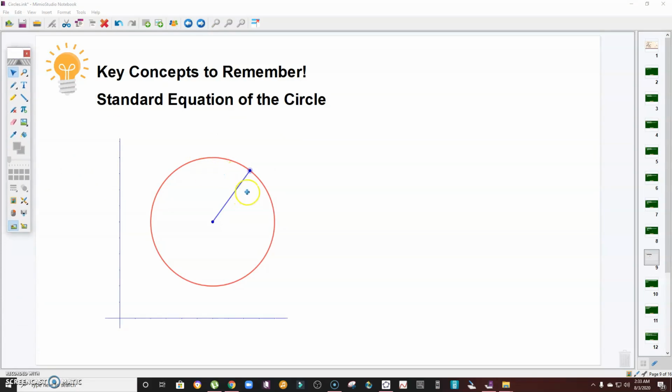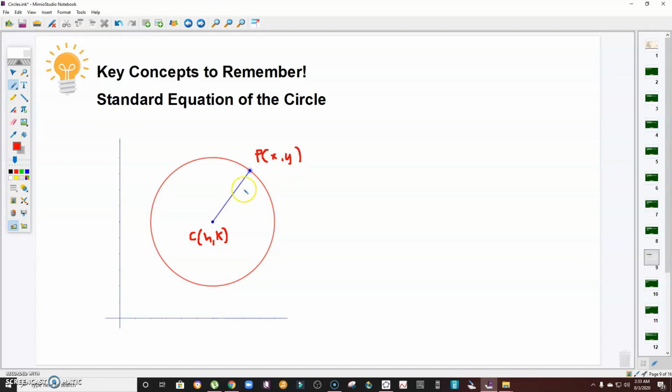This time, I have a circle in which the center is no longer at the origin. Usually we denote it, like I said in the definition, as h, k. And this particular point here, point P, has coordinates x, y.